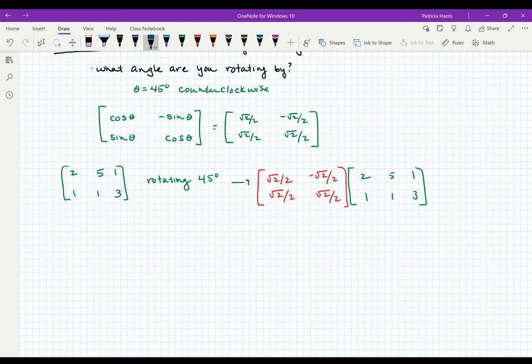Again, I'm going to do this by hand and then I'm going to put it into a calculator. I'm going to need a little bit more room here. So 2 times 2 plus. And again, if you want to fast forward to the end, I would understand. Okay, that's my first column. Let's do my second column.